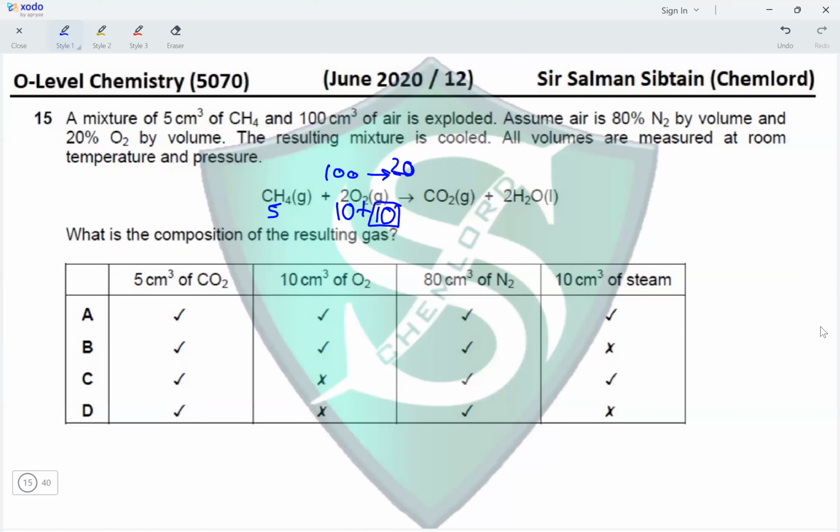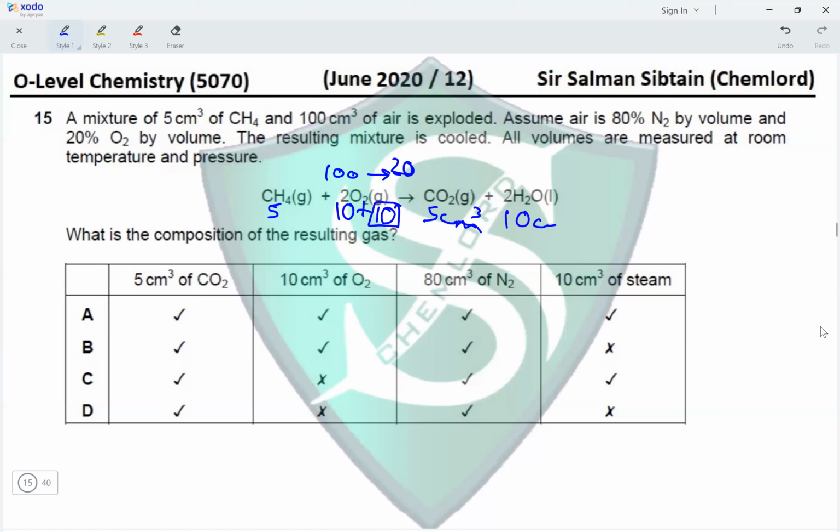And at room temperature, this will be gas. Now, CO2 will also be a gas at room temperature, and according to the molar ratio 1 is to 1, CO2 will be 5 cm cube because we have 5 cm cube of methane.